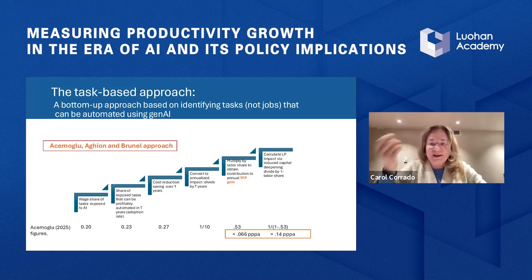The adoption rate, they have roughly twice as fast. The cost reduction, they say it's 40%. You multiply out their numbers and you get something that's in excess of 1 percentage point per year on labor productivity.